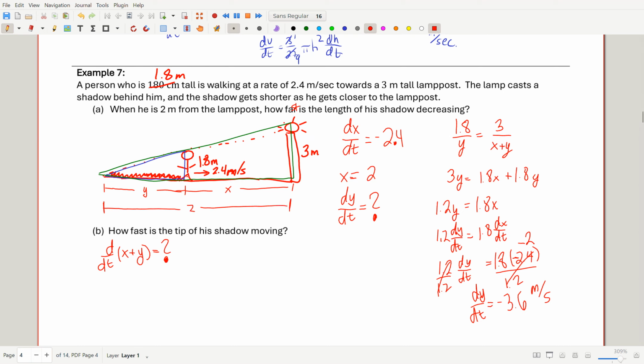There are a couple different ways to do this. I think the best way to do it is just replacing it with a variable, because we actually end up with a much simpler situation. We're going to call z our x plus y. We're going to get basically our same formula from before, but we're going to replace x plus y with z. So we get 1.8 over y equals 3 over z.